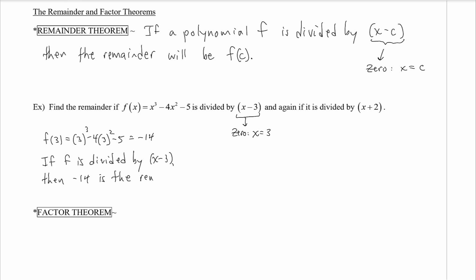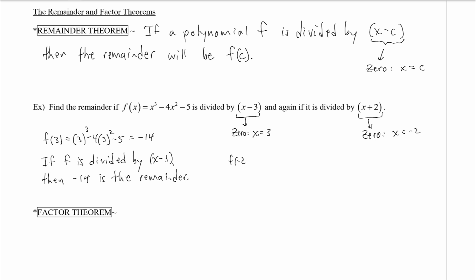Now, why would I care? Because since the remainder is not 0, I know that x minus 3 is not a factor of f. That's the important part here. Well, what if I divided it by x plus 2? Then the 0 would be x equals negative 2. What would happen if I plug that in?